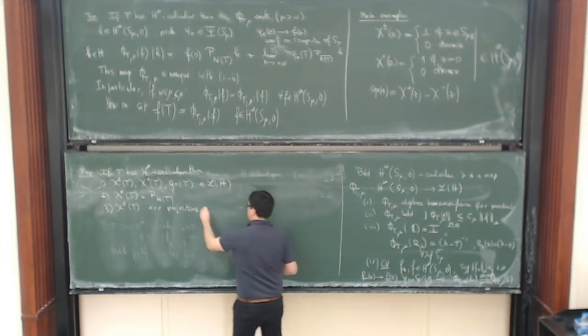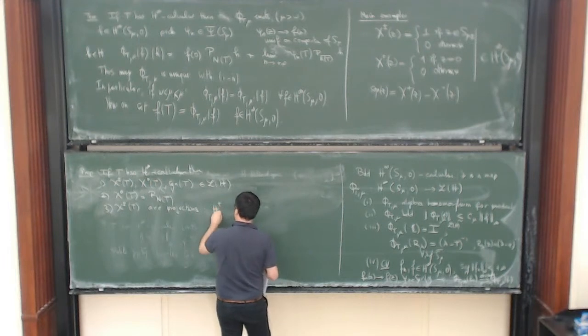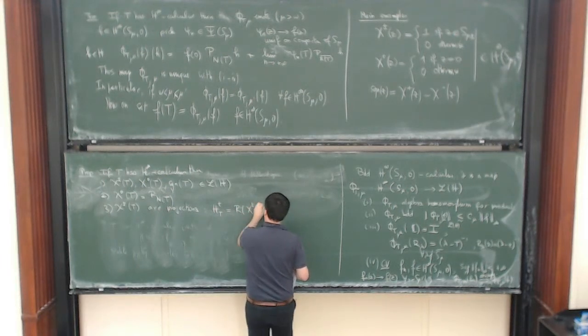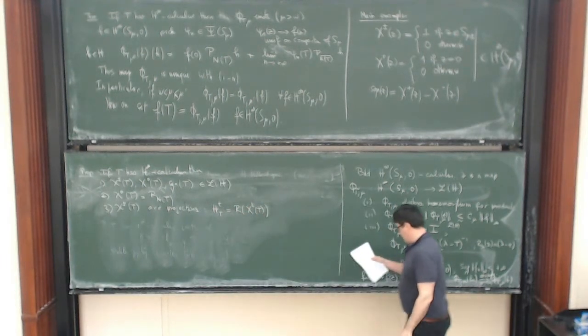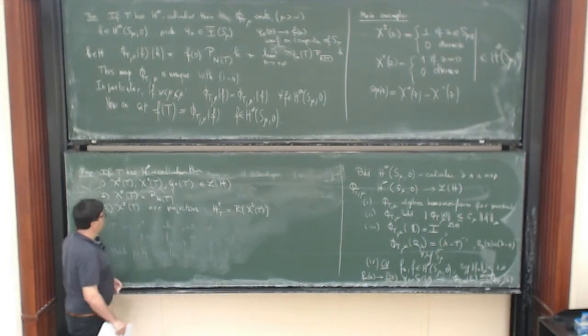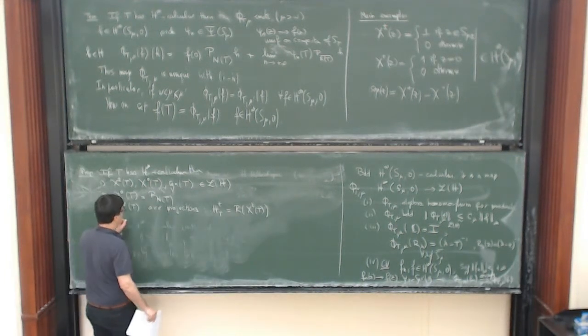We set H plus minus of T to be the range of these projections. And they are projections, they are bounded, and they sum up to the identity.